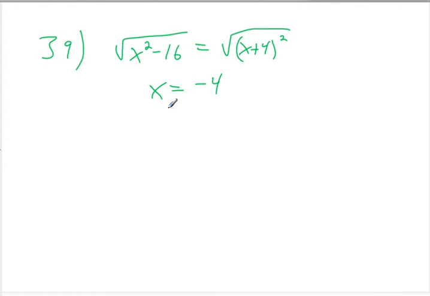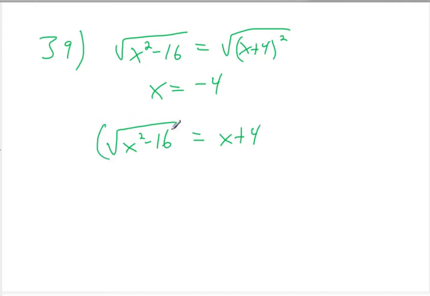Well, I don't know what his error is, so I'm going to go ahead and start working the problem and see what happens. I know the square root of that is x plus 4, so let's start there. So the square root of x squared minus 16 is equal to x plus 4.